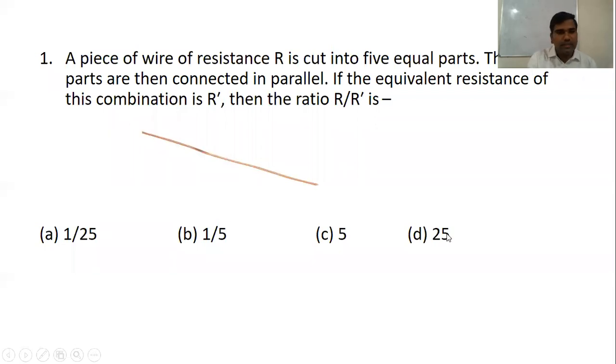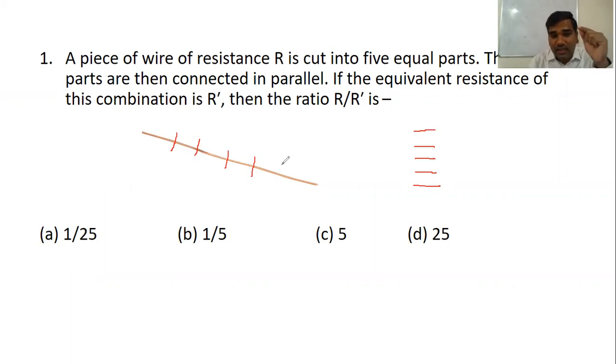Okay, now we can see there is a wire of resistance R. Now we are cutting that into 5 equal pieces, or 5 equal parts. We are cutting into equal parts.